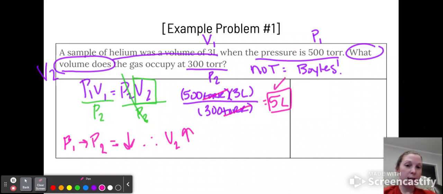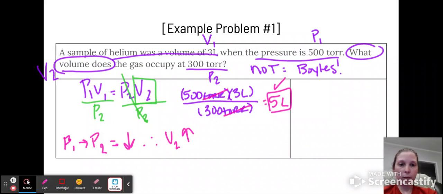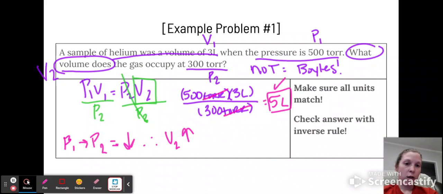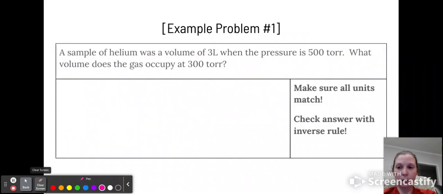And it did, so that means that is an accurate answer there. So make sure, again, all your units match, and then check the answer with the inverse rule like we just did. So go ahead, pause, write this stuff down if you didn't have that so I can clear my screen.